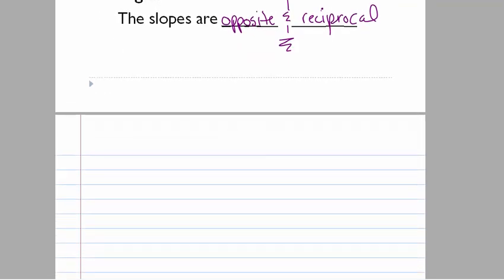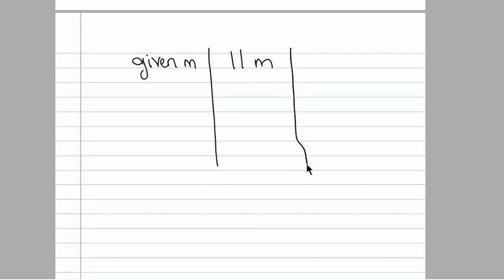So let's think about some slopes here. As an example, let's say I have my given slope, my parallel slope, and my perpendicular slope. Let's say that my given slope is -2.